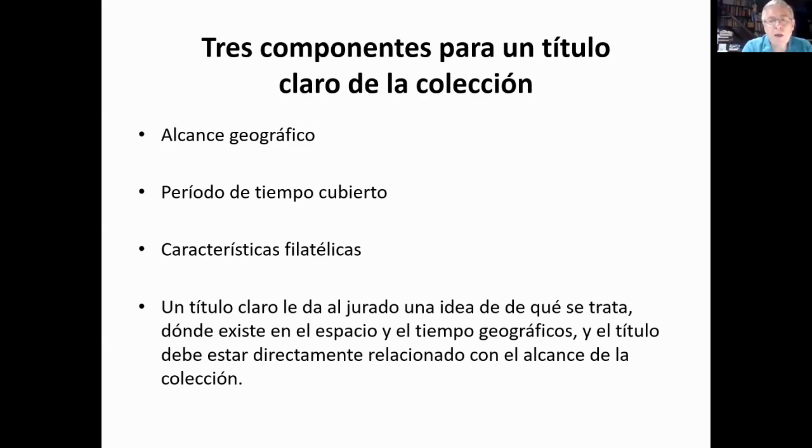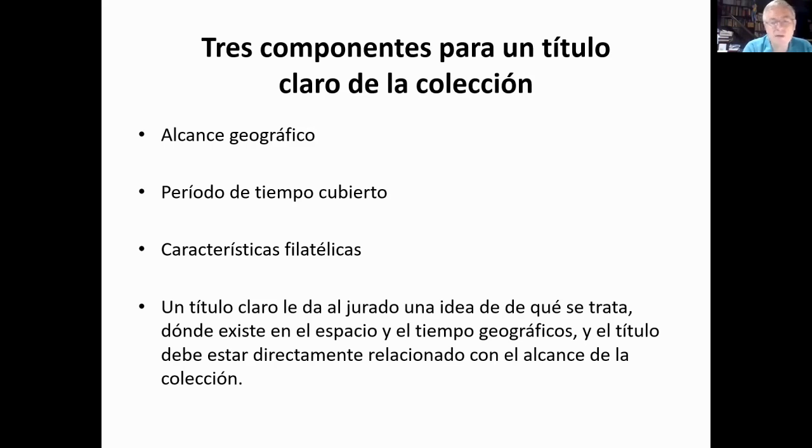Firstly, you have to define the geographical scope of the exhibit. What countries, what areas are involved? Secondly, you have to clarify the time period covered by the exhibit. What years are involved? And thirdly, it is helpful to at least give some indication of the philatelic characteristics of the exhibit.